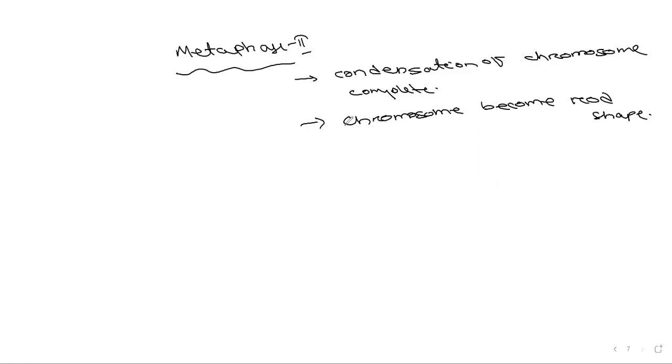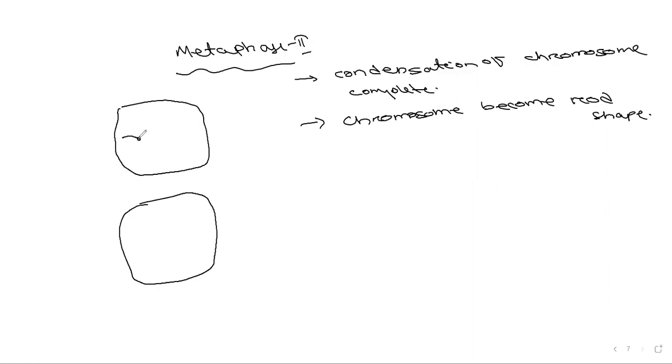And now they will arrange at the center. The chromosomes will arrange at the center. So this is one chromosome, this is another chromosome. Here this is your centrosome, and this spindle fiber is connected with this. I'm just drawing the chromosomal spindle fibers. As you know, there is also the presence of continuous spindle fibers.